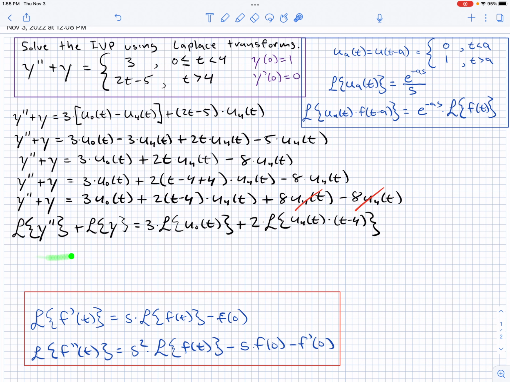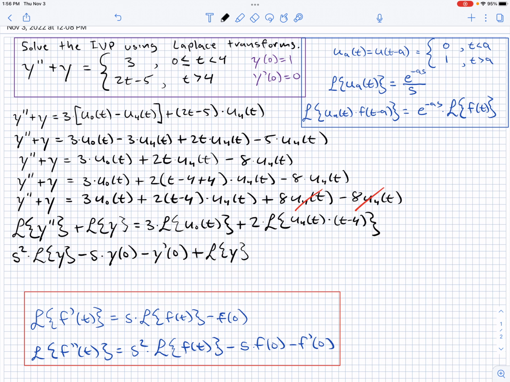Writing it in the Laplace transform notation there, we now can use this bottom information here to help us write out the upper terms, which is going to be s squared times the Laplace transform of y minus s times y of 0 minus y prime of 0 plus the Laplace transform of y.